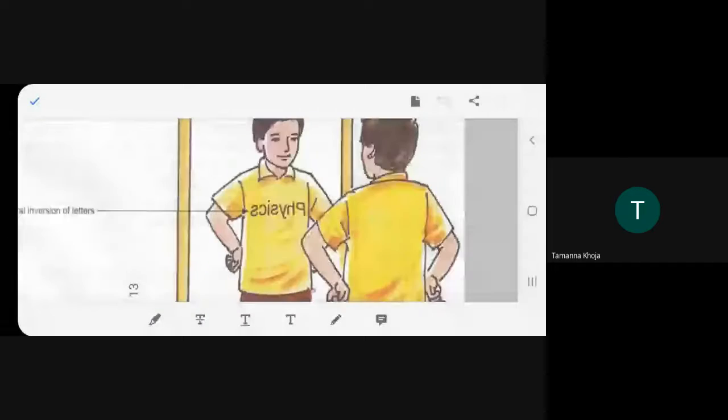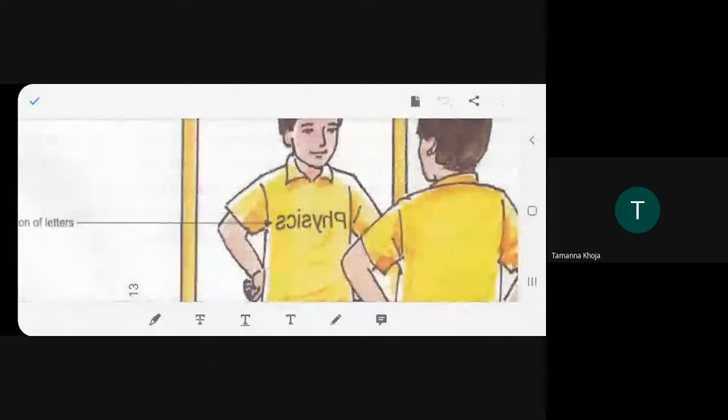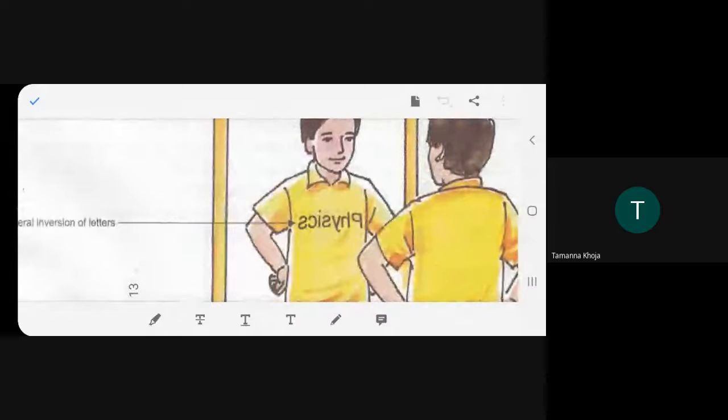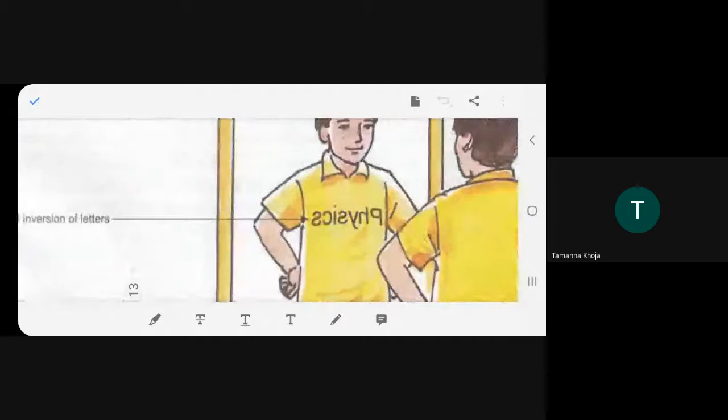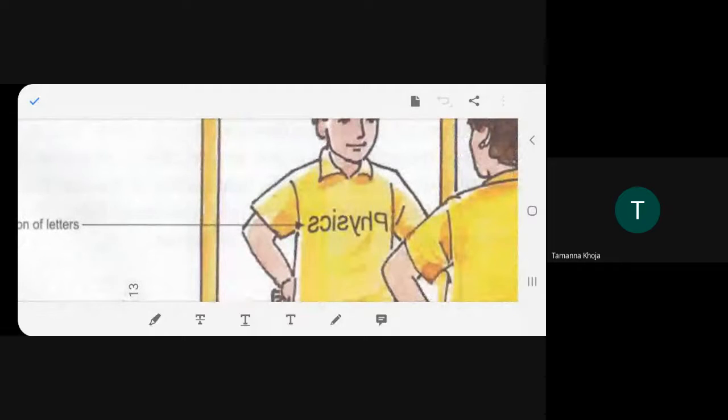Now the same thing. Can you see the letters? So there is a lateral inversion of letters. If anything is written on your T-shirt, when you look at yourself in the mirror, you can see this. You can do these activities at home, beta. Write A, B, C, D till Z and put it in front of the mirror and see the image. The reflected image will be somewhat like this.